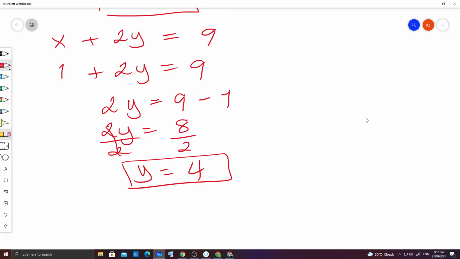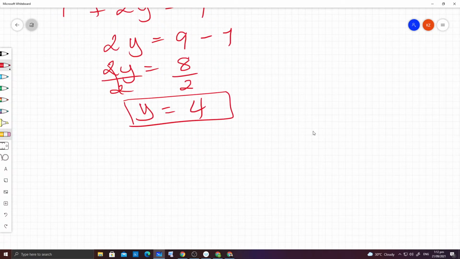So letter D, you can see that there's one positive 2y and one negative 2y, so there's no need to multiply by negative. We can apply what we did in our previous example. For letter E, both are negative, so we will multiply by positive.